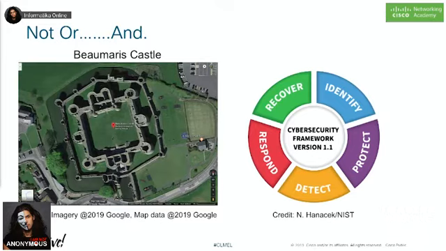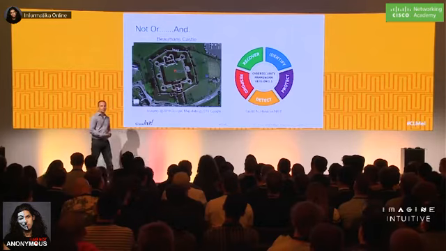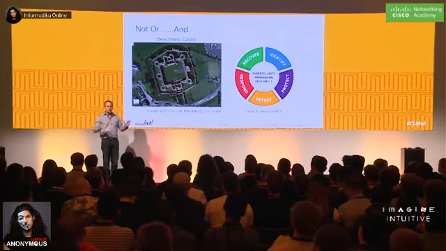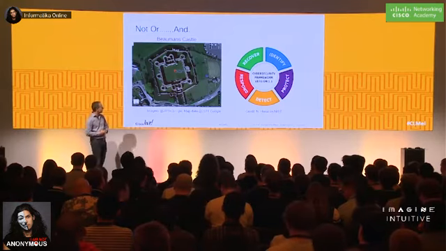And this is a picture of Beaumaris Castle. It's somewhere in Wales. I haven't been to Wales, but I've flown over it thanks to Google Earth. And one thing I do like about it from a top-down view is you can see the layered defense approach. This was built sometime around 1280, 1284. I'm not a big history student.